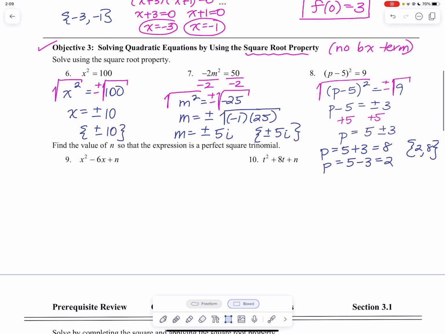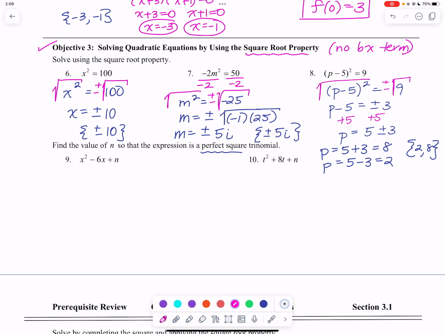Okay, now we're asked to find the value of n so that we have a perfect square trinomial. This is really nice practice, because what we want to do is state what b is.